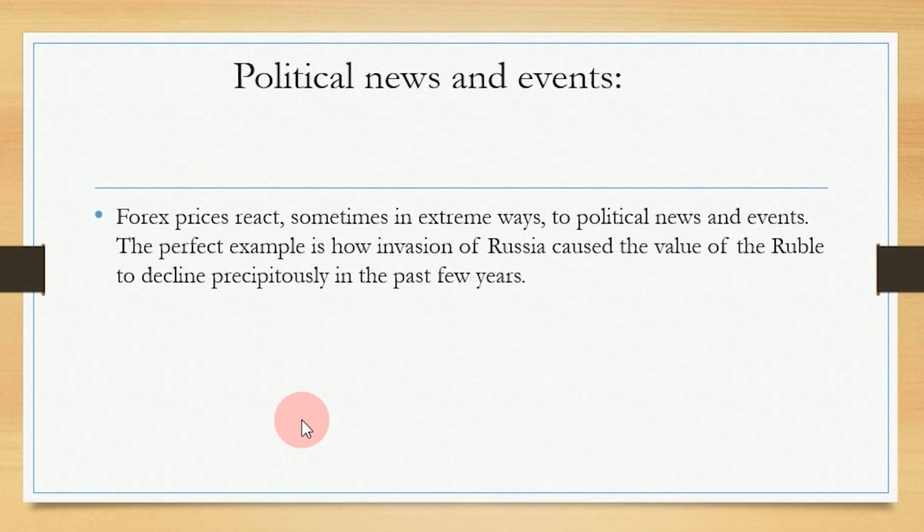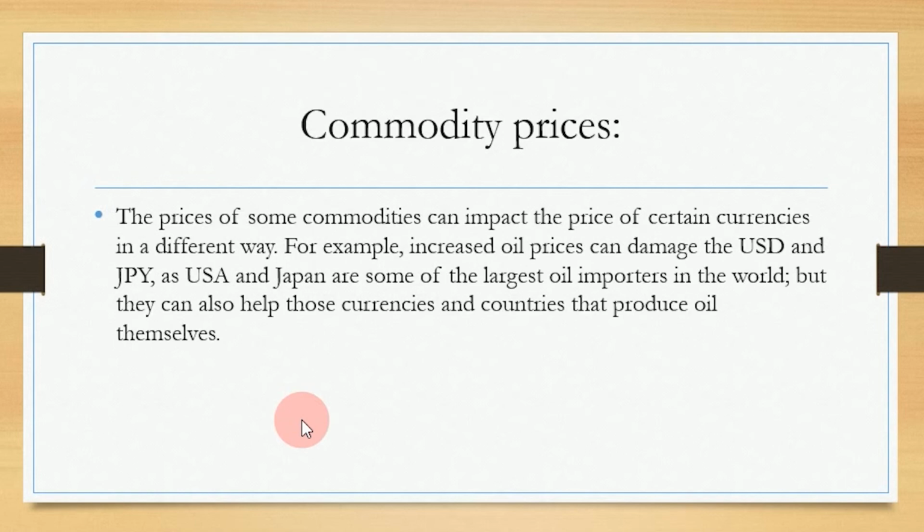So when any good event happens, or there is a good expectation toward some product that has a direct or indirect connection with the value of some currency. For example, the price of oil has an indirect connection with the Japanese yen and US dollar.